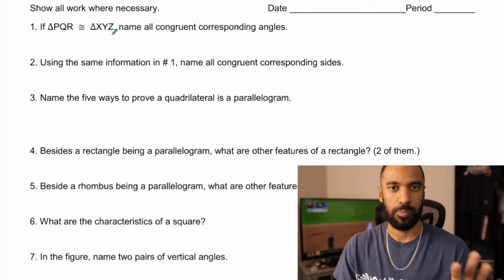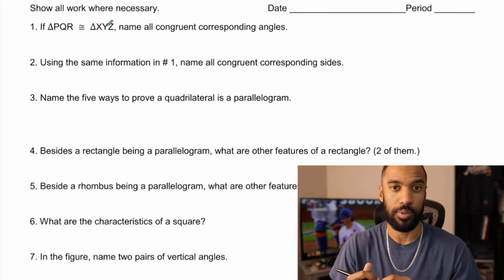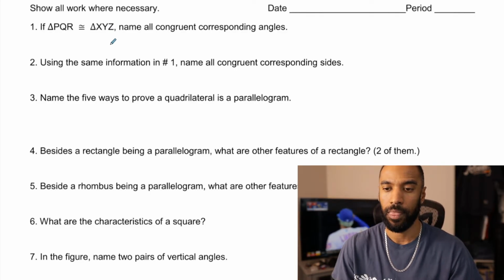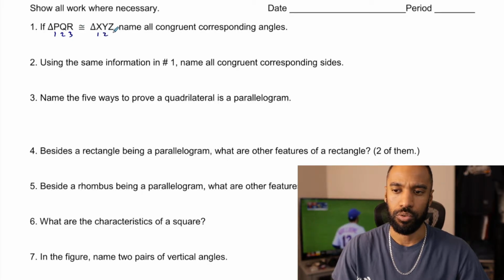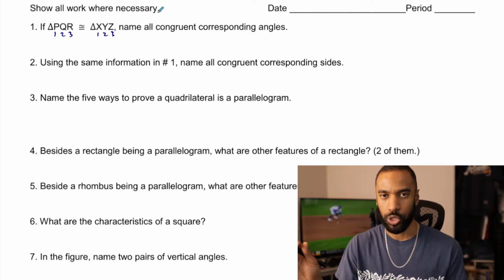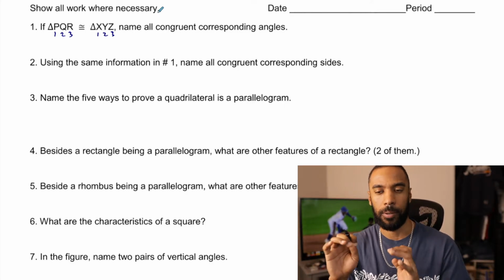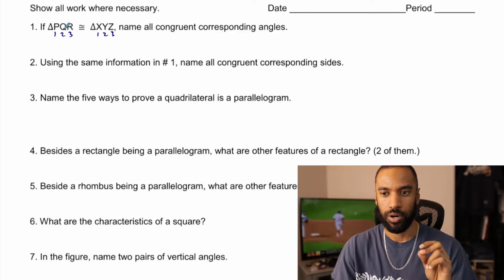Well, the important aspect about congruent triangles is in the triangle congruence statement, which we'll be talking about a lot in this video: the letter order matters. This is letter 1, 2, 3, and letter 1, 2, 3. When that's named, it's not because they're alphabetical, that was their choice, or it's just how the triangles were. But when it's named as such, that means the letter order corresponds to that part in that triangle.